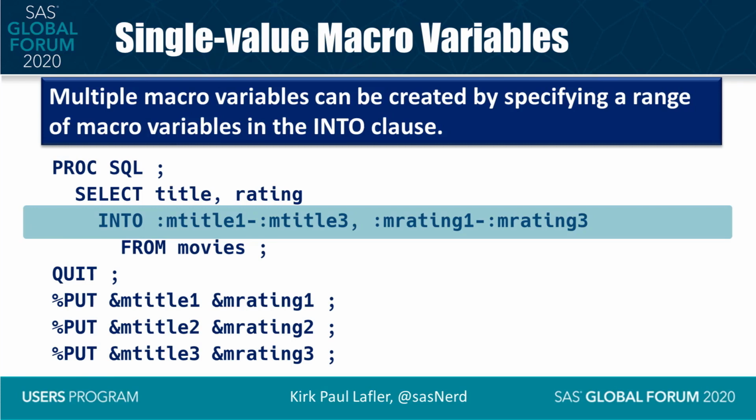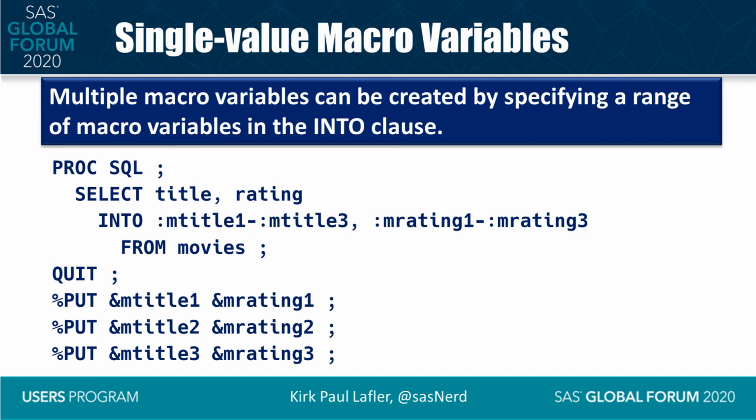In this case, without a where clause, we're going to be taking the first three observations and populating the contents of the movie title and movie rating for each one of those macro variables that we're creating. And the percent put statements just list out on the log what the values are.